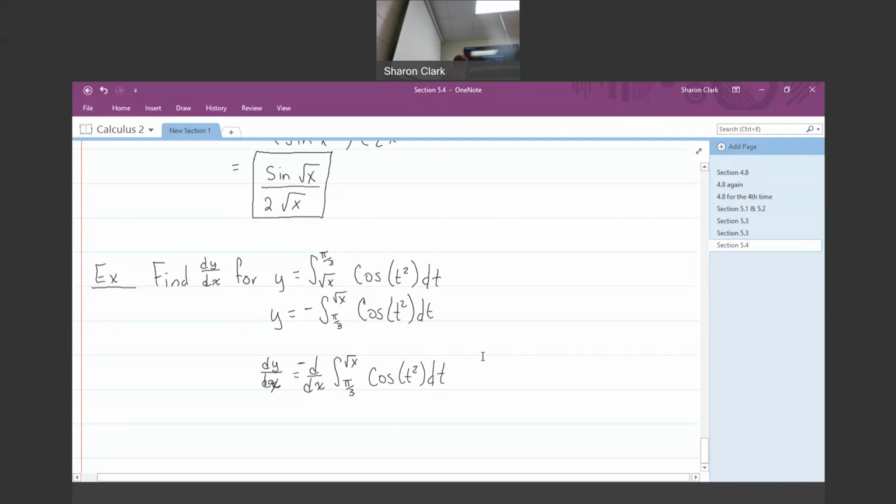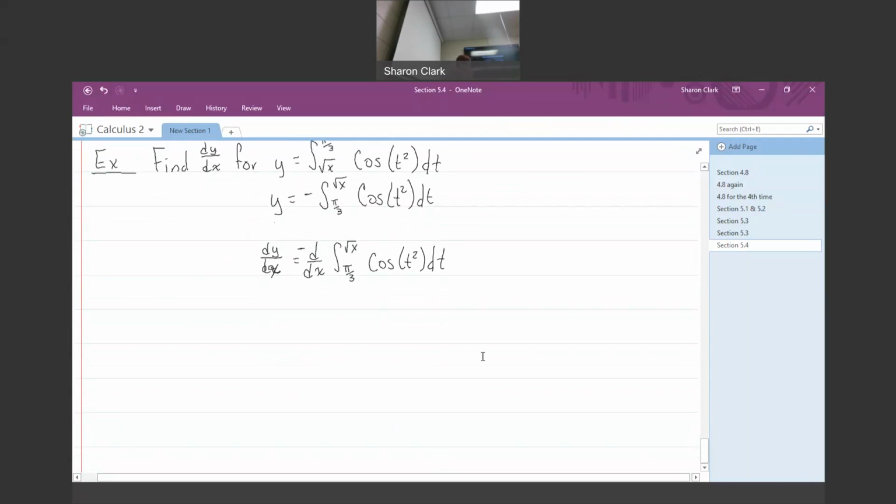Okay. So that's going to give me negative cosine of the square root of x squared times the derivative of what I'm plugging in.